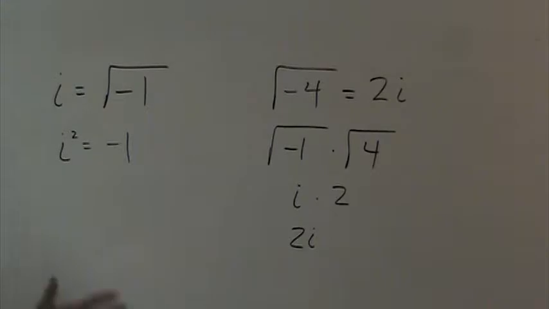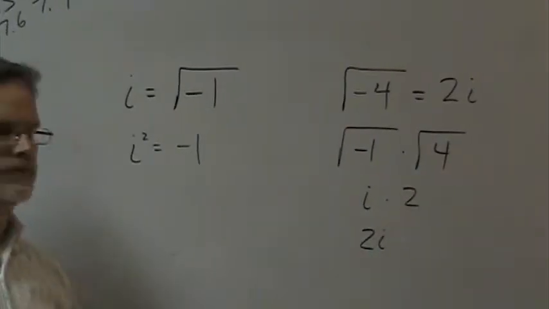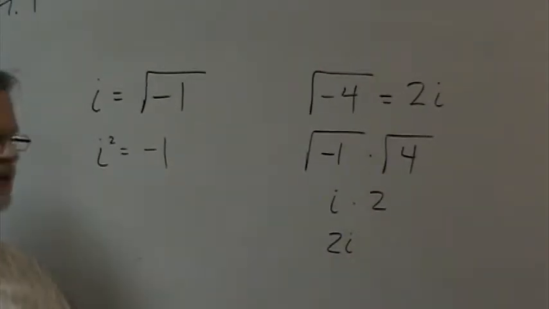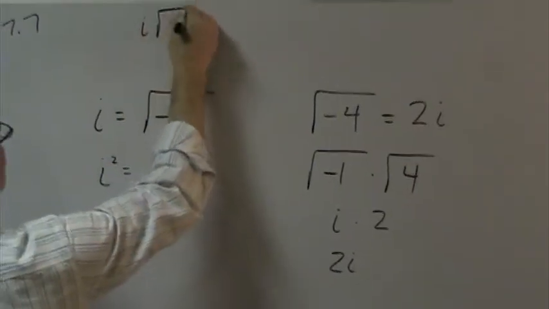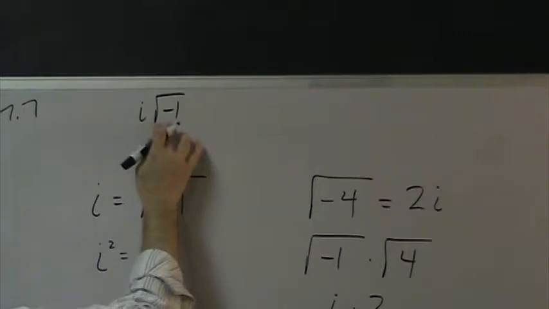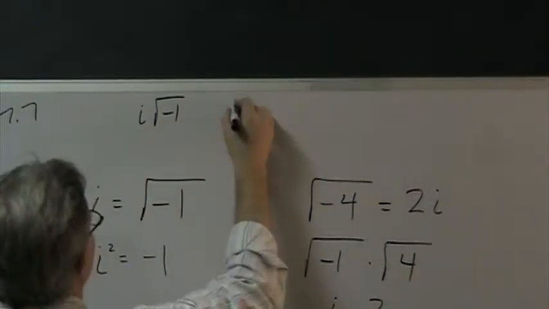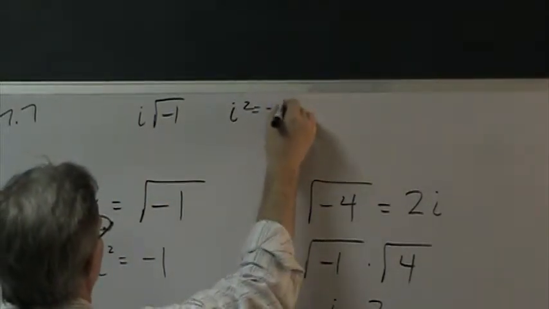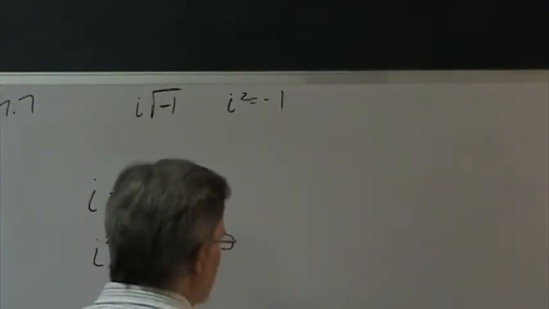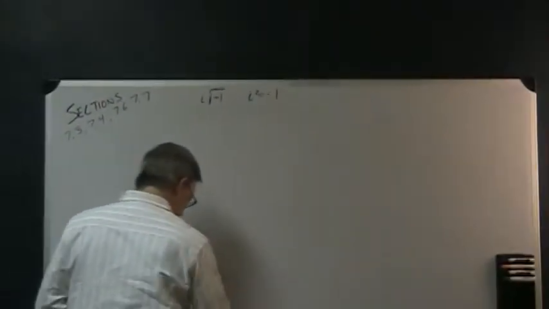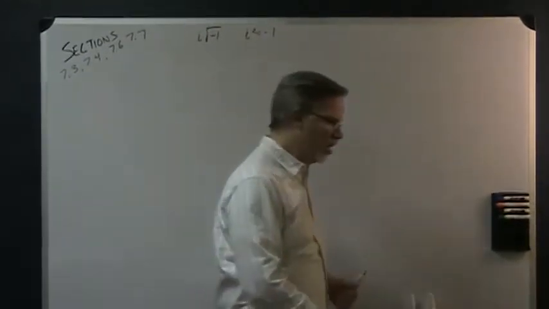Okay? And hopefully you've seen this before, but if you haven't, it's very simple. And knowing the definition, these are the ones I'm going to write here at the top of the board as we continue to solve problems. But looking at this, that i is the square root of -1, and i squared is equal to -1, then we're going to be able to solve all kinds of different problems that were very similar to the problems we've already solved.